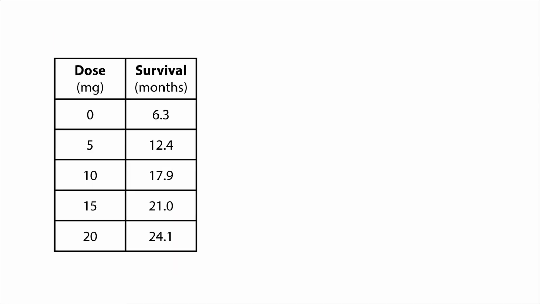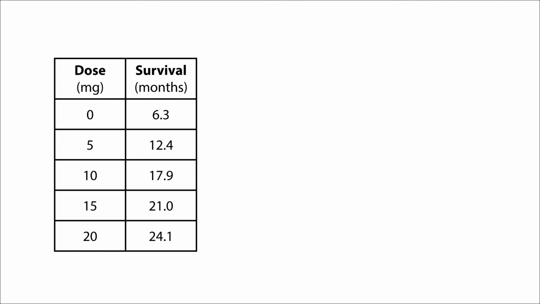You then record the progression-free survival of each patient. That means the amount of time in months, in this case, that the patient lives with the disease, but it doesn't progress further. Here is a data table showing your results.